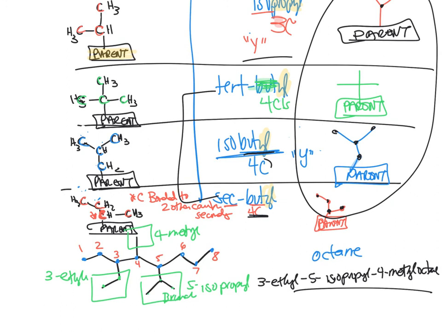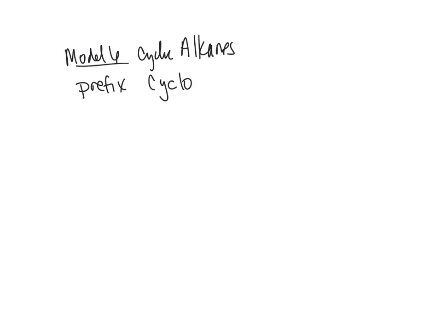Okay, let's do 6. Model 6, it's called Cyclic Alkanes. And when you name cyclic alkanes, you need to add the prefix cyclo, okay, to the alkane.